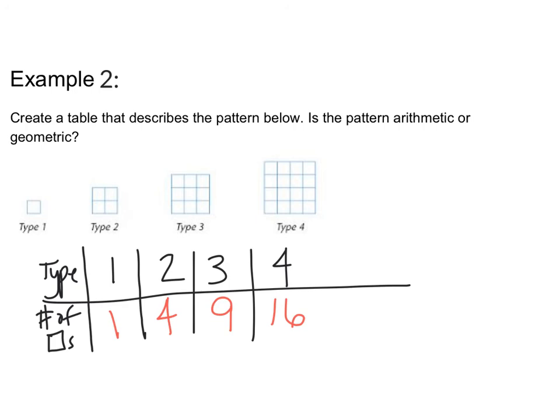But look, 2 times 2 is 4, 3 times 3 is 9, 4 times 4 is 16. Very good observation. 1 times 1 is 1, right? So we have a relationship this way, yes? Do we have a relationship this way?